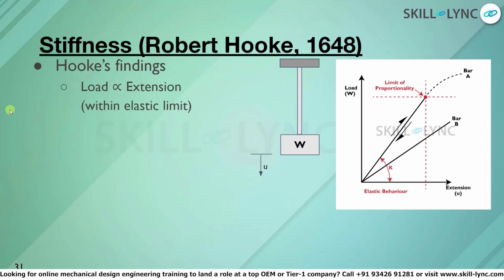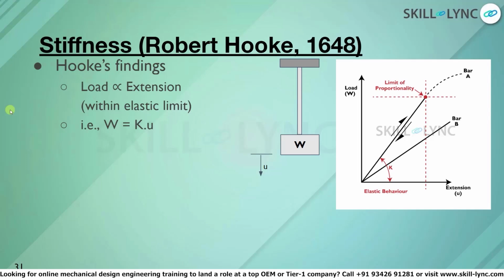So the elastic behavior of the material was first introduced by Robert Hooke, who said that there is a certain limit till which the material behaves elastically, and after that the material stops behaving elastically. This is called Hooke's law. But after this the material would experience plastic behavior.